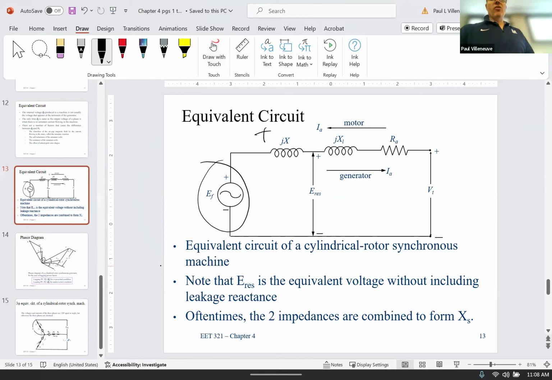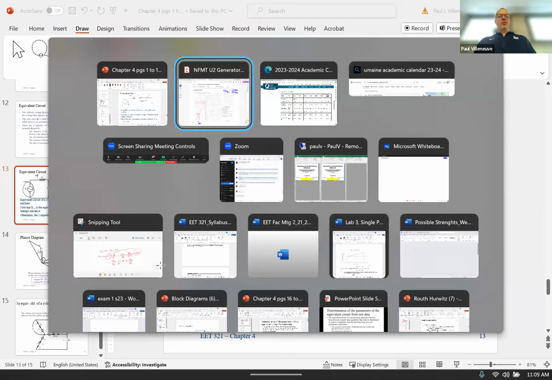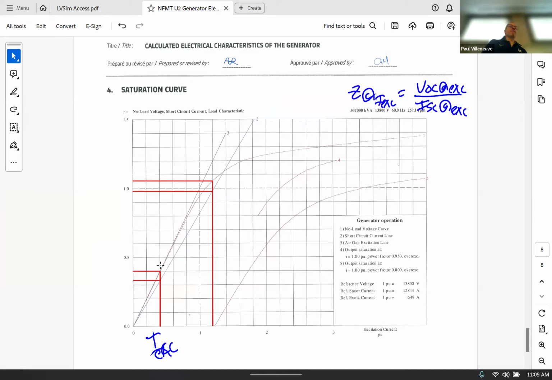Then I get voltage drops over here anytime I draw any current. So the only way that I can get an impedance is if I have a voltage and a current. I can't draw a current and get the accurate voltage. I can always get the current, but I can't get the voltage. So if I need both, the only way I can do it is to pull those off the same point on the curve.